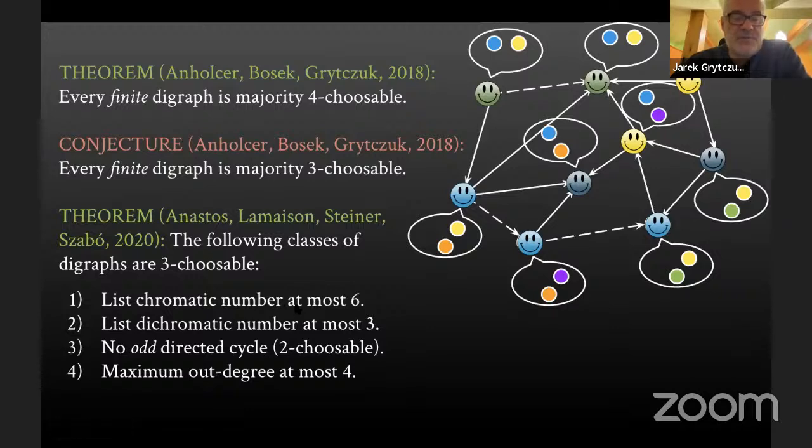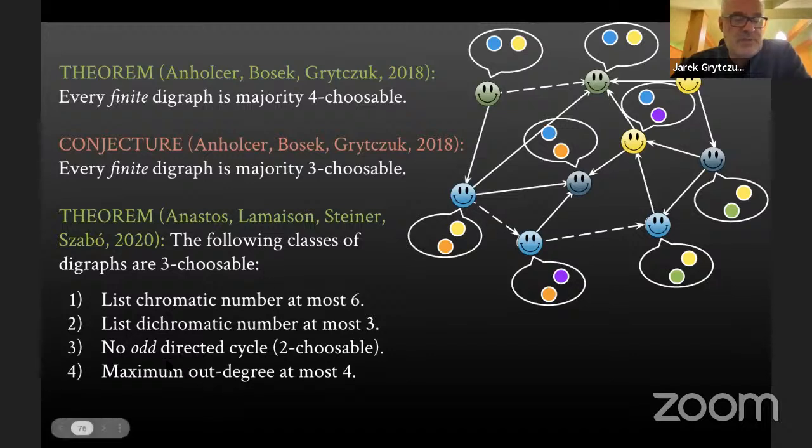Okay, so for that type of digraphs, this conjecture is true. Also, for graphs whose dichromatic number is at most 3. A dichromatic coloring of a digraph is a coloring in which there are no directed cycles in one color. So if a digraph has such a coloring by at most 3 colors from lists even, then we have this 3 choosability in a majority sense.